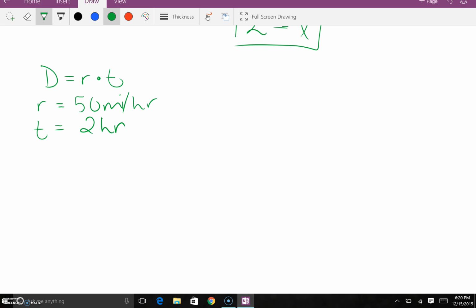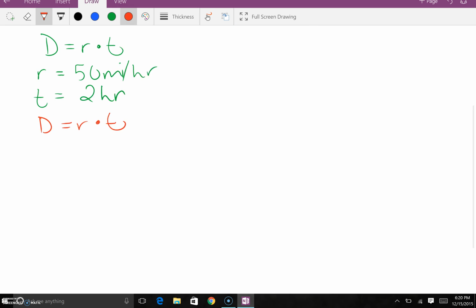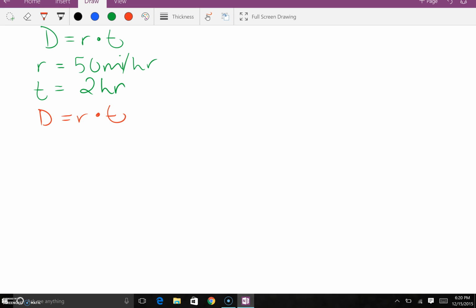We're just going to plug in what we know. So the rate is 50, we are multiplying that by the time, which is 2. In this case, distance equals 50 times 2, which is 100.